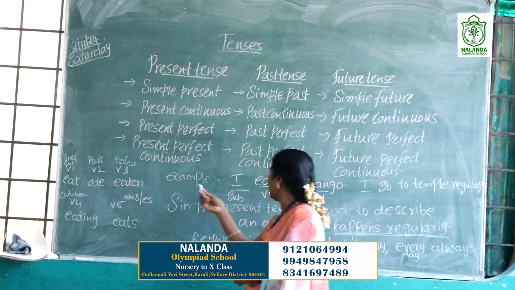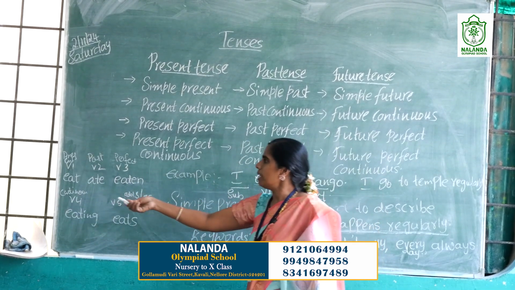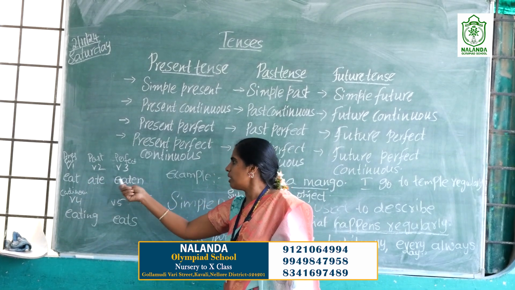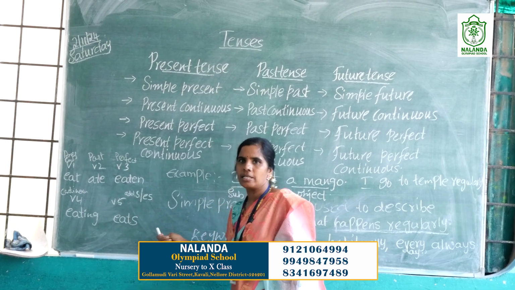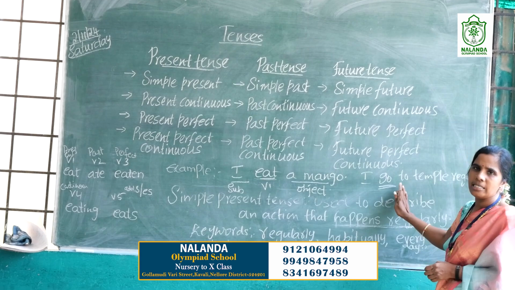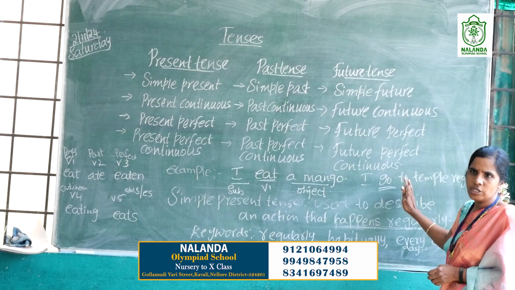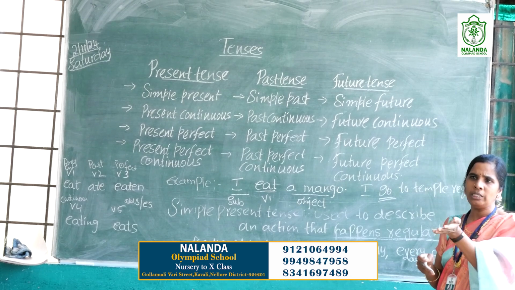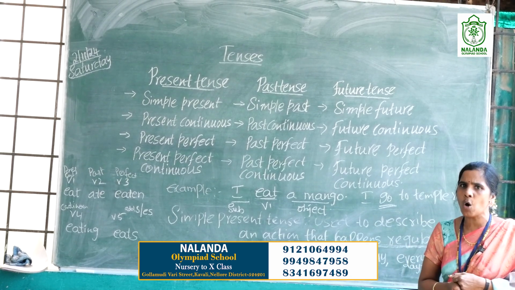If I take the example of eat, what is the present form of eat? Past is ate, then eaten, eating, and eats. Now, in the same way, take go. Okay, children, what can you say? What is the past form, or V2, V3, V4 or V5 form of go?